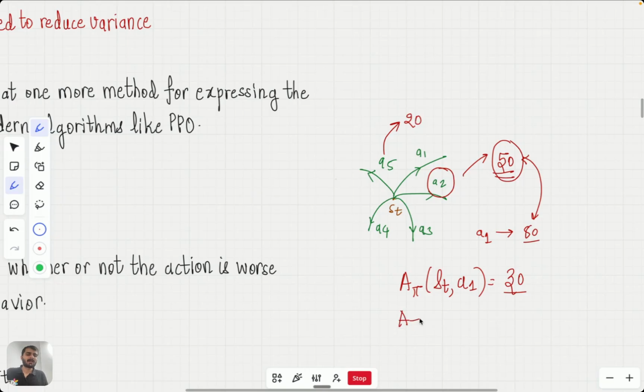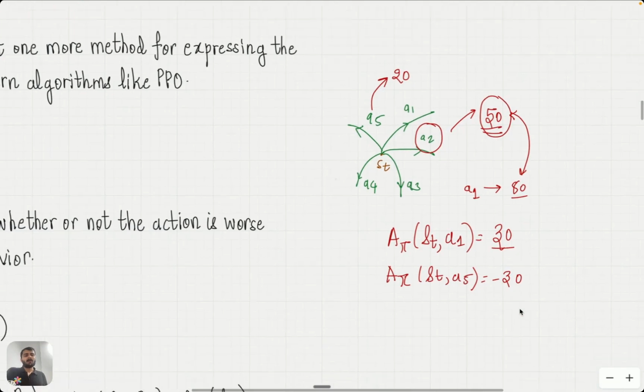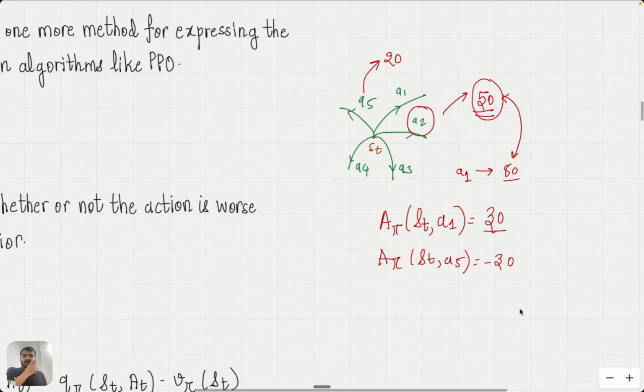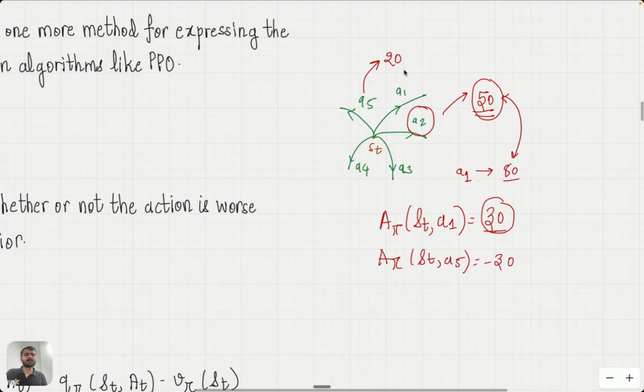So the advantage of st comma A5 would be minus 30, which is negative and means that the action should not be favored compared to the policy's default action. Now, what are we doing here when we are subtracting 50 minus 20? Can you pause and think about it? We already know the definitions for all of this.